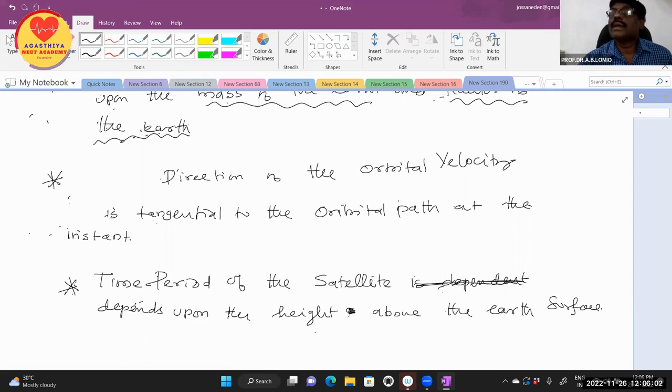If you launch it at a very long distance, the time period of the satellite will be a greater value. When the satellite is launched close to the Earth, the time period will be lesser. Understand?